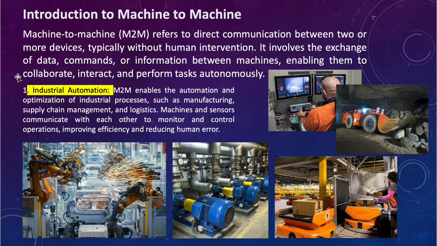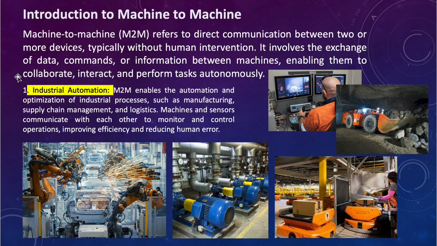But the main thing that should be taken out of this is machines exchanging data, then exchanging commands, meaning that data is processed and commands are given out, or information between machines, right?